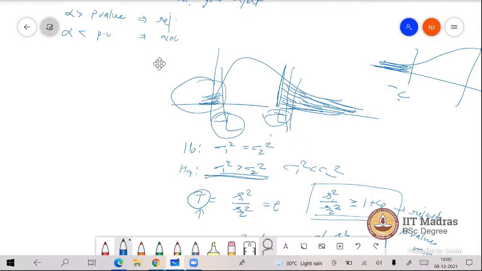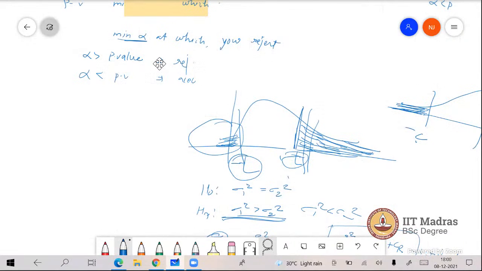We find just the one-sided area and just do twice of that. In the case of the F test, maybe we take twice. It's just twice the one-sided tail, just because we are always finding the same area; whatever area is here, we are just taking the same area here also, right?